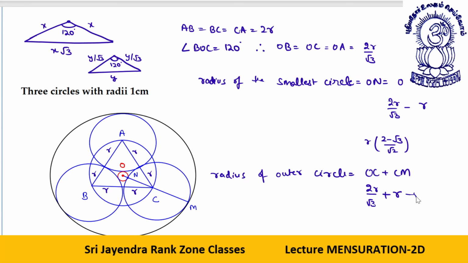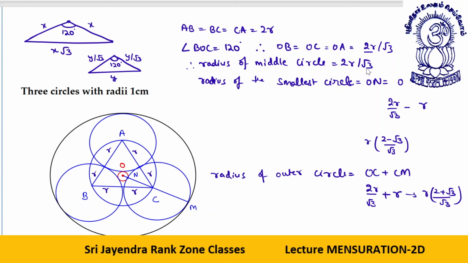CM will be R, so this will give me R into 2 plus root 3 by root 3. What is the radius of the middle circle? OB, OC, OA. This is therefore the radius of middle circle. Radius of middle circle is equal to 2R by root 3. Fine, na? So you have got the radius of all the three circles.